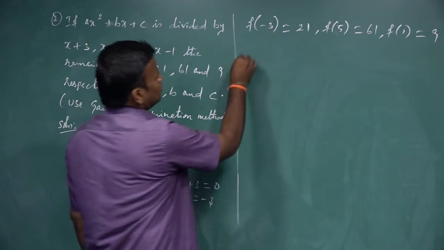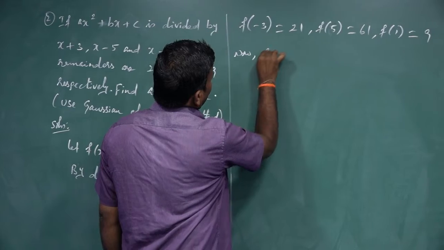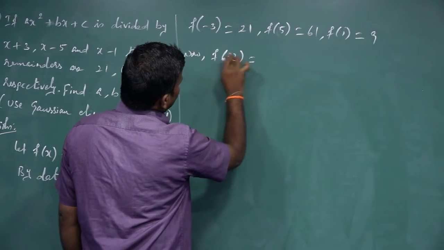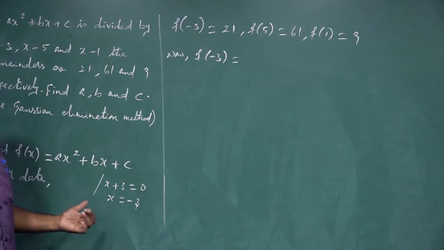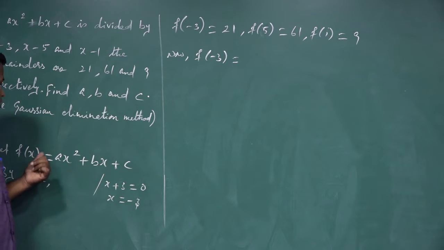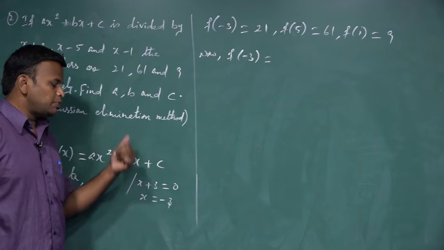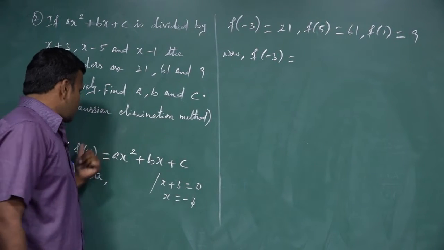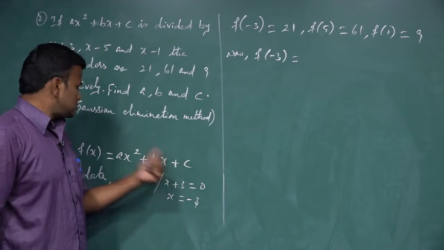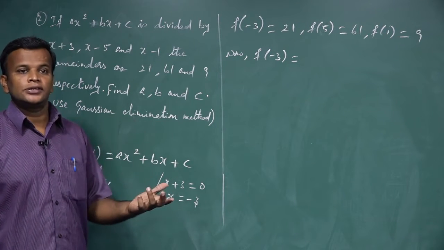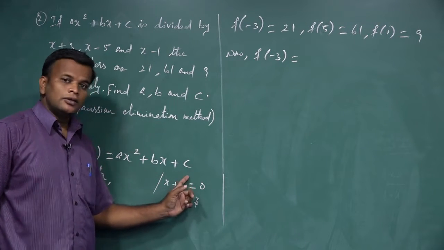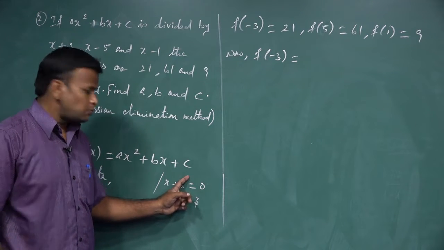So now we find the value of f of minus 3. We take f of x as ax square plus bx plus c. f of x means ax square plus bx plus c. So f of minus 3 means we replace x by minus 3. In this polynomial, whenever x is there, we replace x by minus 3.